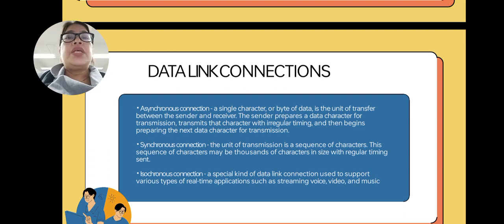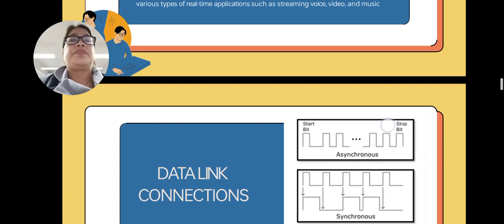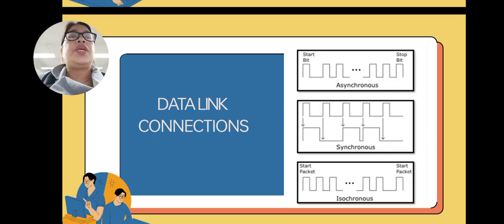Isochronous connection is a special kind of data link connection used to support various types of real-time applications such as streaming voice, video, and music. In the data link connection, asynchronous has a start bit and a stop bit, while synchronous has a start packet.